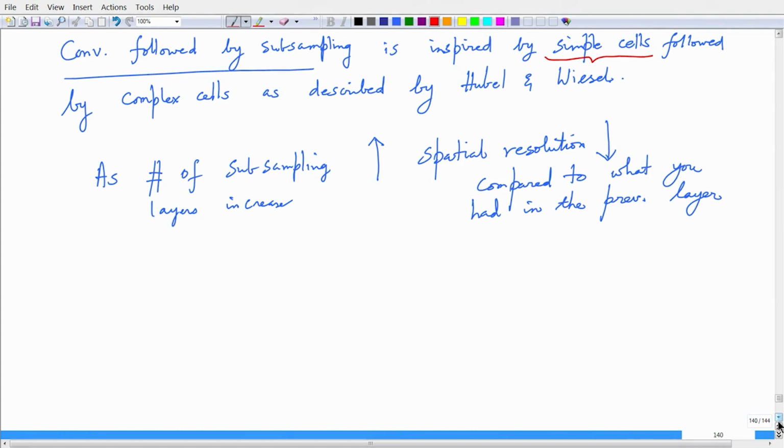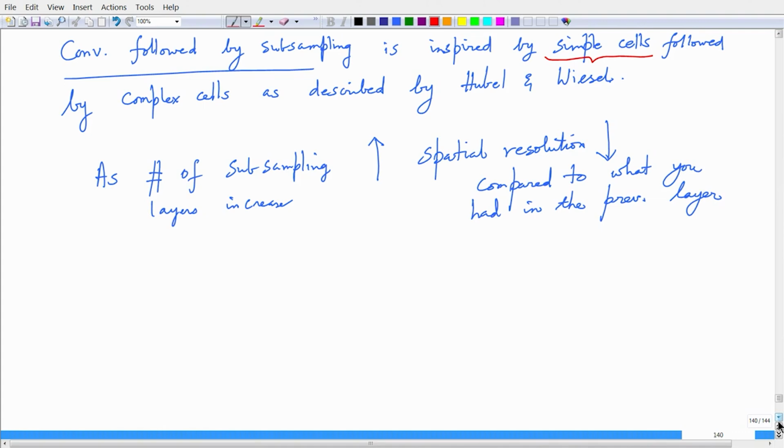Simple cells are able to receive local information or can detect local features, and complex cells look into more special features such as orientation, etc. Right, and this is the kind of architecture that we have in mind.